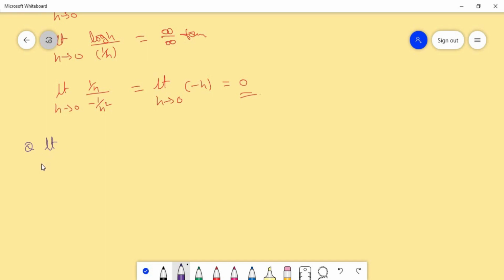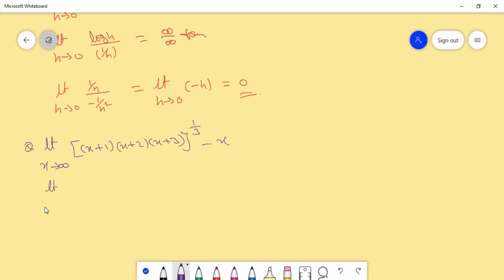Limit x tends to infinity of x plus 1 into x plus 2 into x plus 3 whole power 1 by 3 minus x is equal to what?